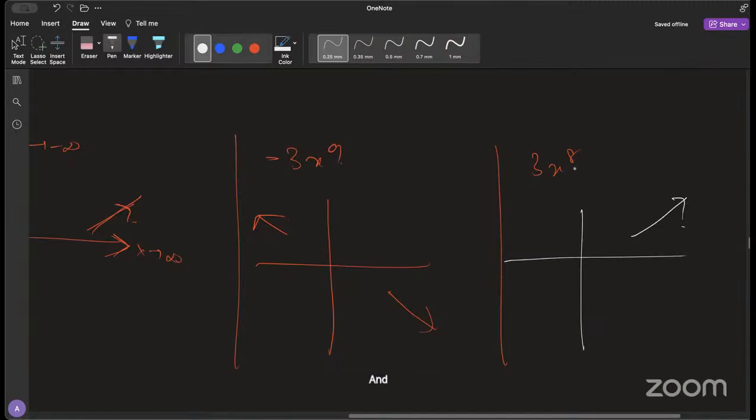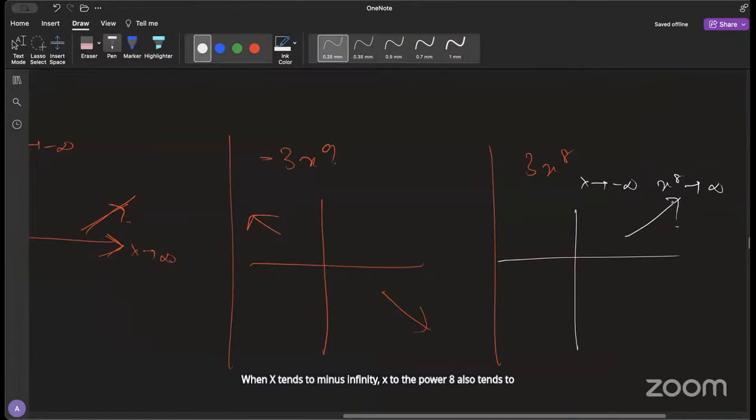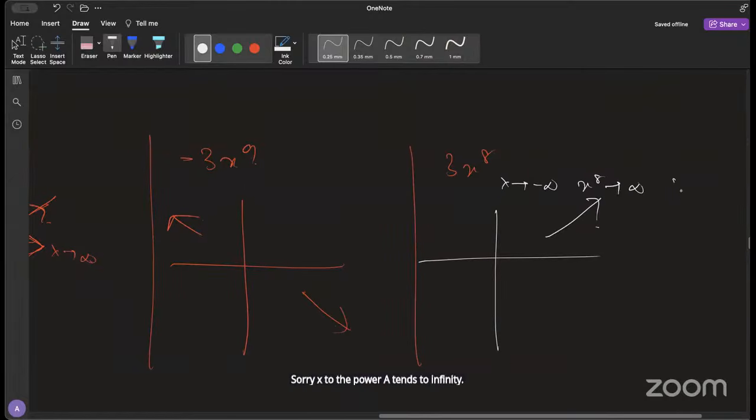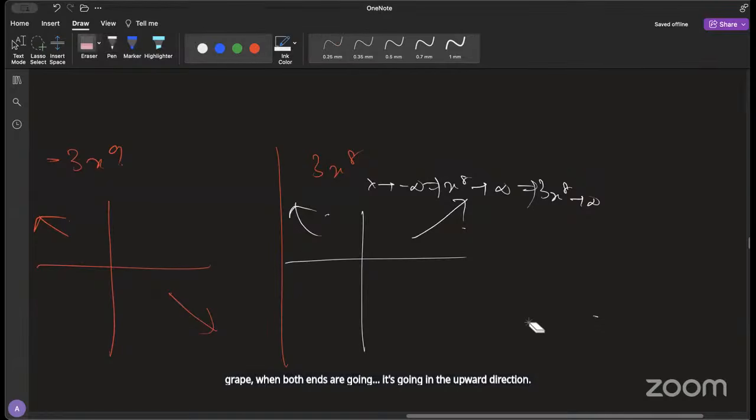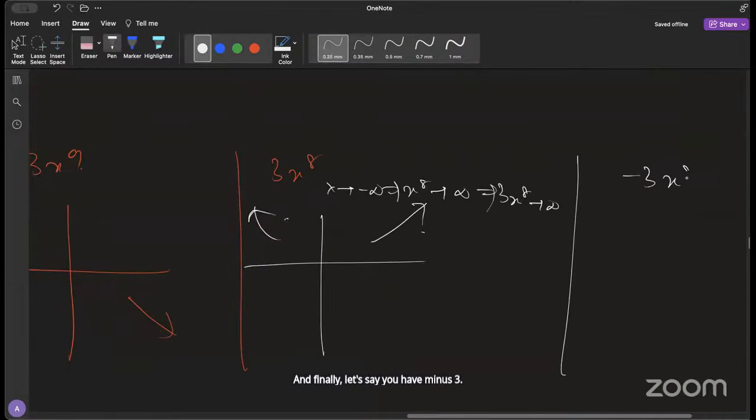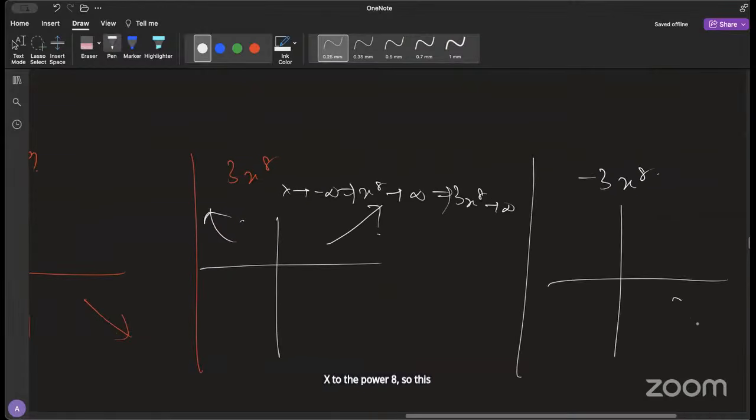And on the minus infinity side, x to the power 8 tends to infinity, and 3x to the power 8 also tends to infinity. That means on this side, it will look like this. So your graph could be something like this, right? Both ends going in the upward direction. And finally, let's say you have minus 3x to the power 8. So this is going to be both downwards.